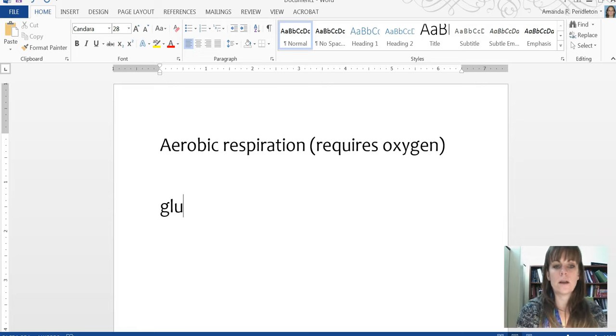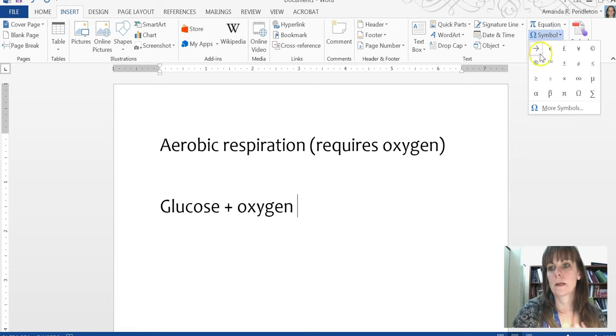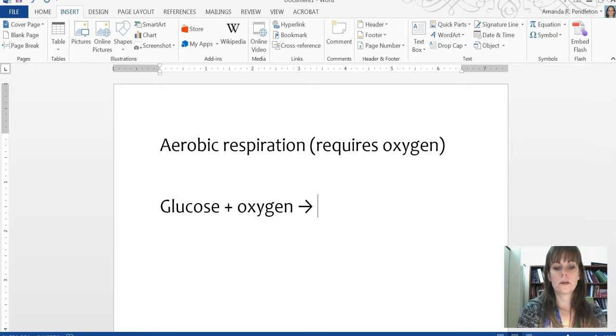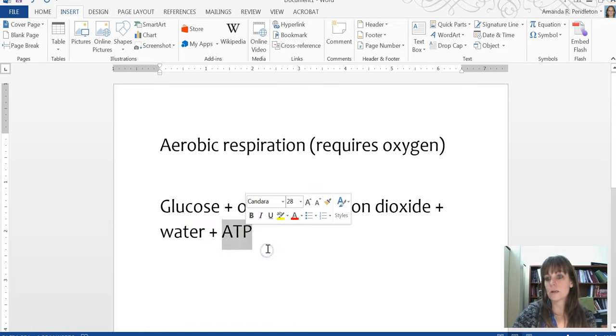What you do is you have glucose plus oxygen, and that is going to give you carbon dioxide and water and ATP. You start with glucose, you add in some oxygen, and you get out carbon dioxide, water, and ATP. So this is the energy that we want.